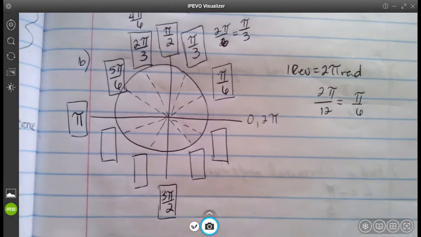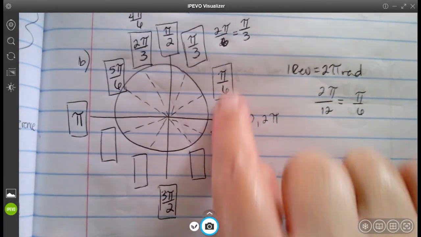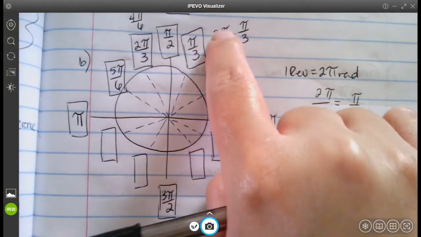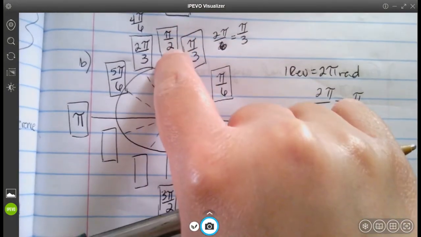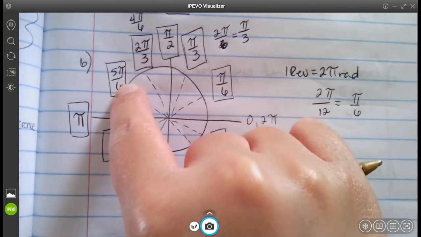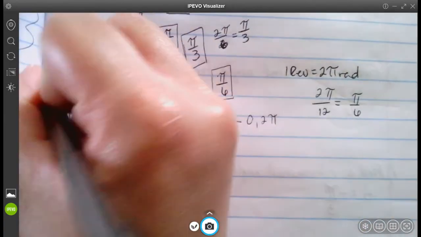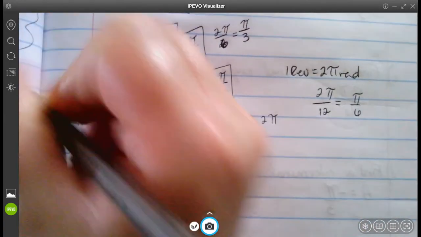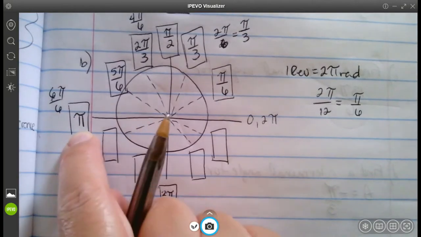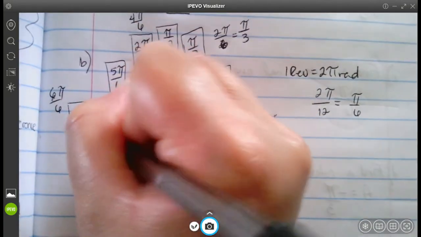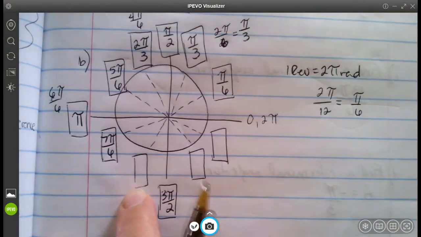So 5 pi over 6. Okay, so far you have 1 pi over 6, 2 pi over 6, 3 pi over 6, 4 pi over 6, 5 pi over 6. This one right here would be 6 pi over 6. But again, 6 over 6 is just 1. 7 pi over 6. This would be 8.